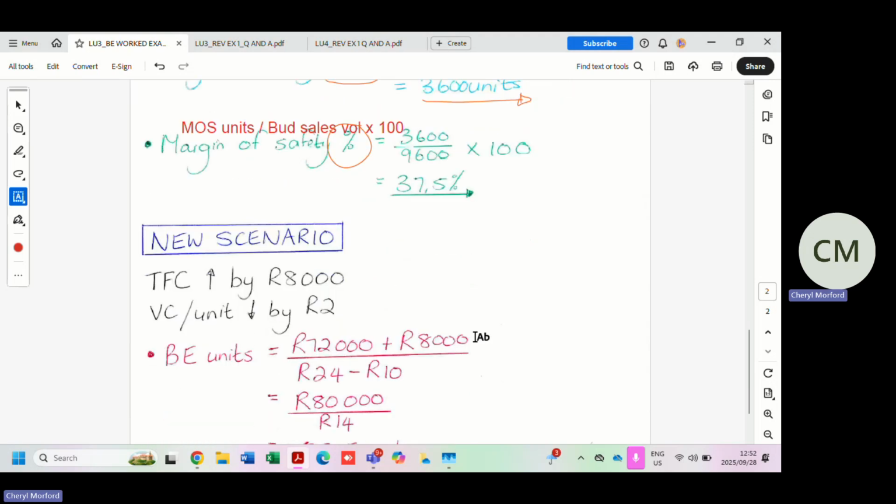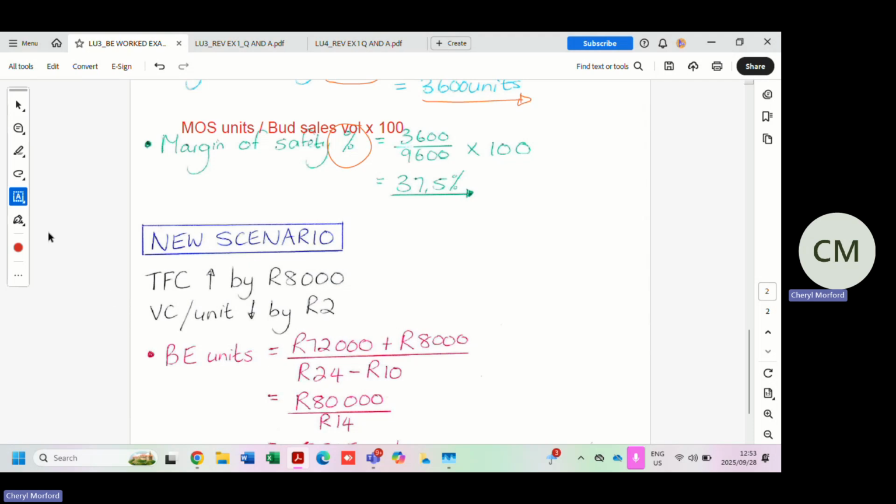Now, let's play around a little bit. This is known as sensitivity analysis. We can start to change any of the variables that are part of the calculation and see what that does to profit and to break even and all these things. I'm just going to do two possibilities here.